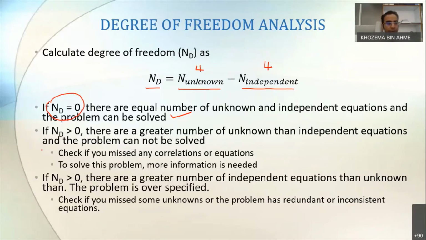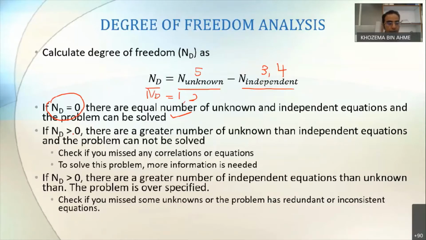Only then can you solve your material balance question. If you have N_D greater than 0, meaning your number of unknowns is more than the number of independent equations, for example, you have 5 unknowns but only 3 or 4 independent equations, so your N_D can be equal to 2 or 1, because 5 minus 3 is 2 or 5 minus 4 is 1.